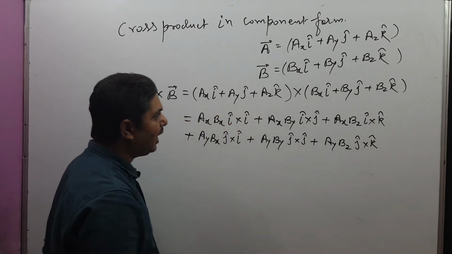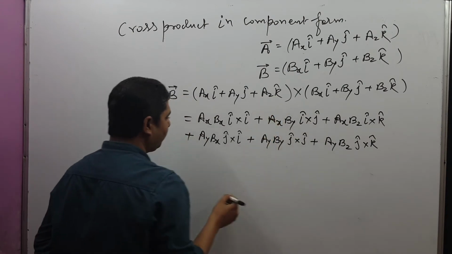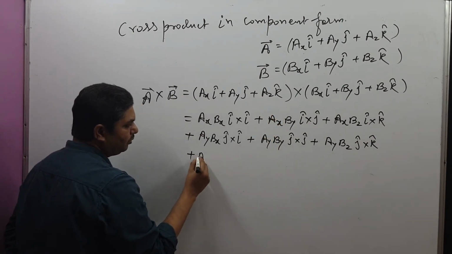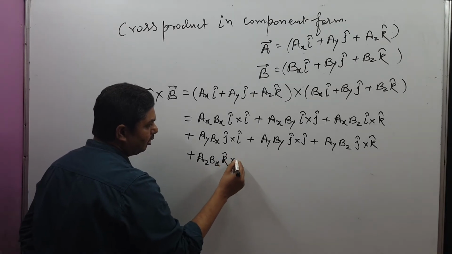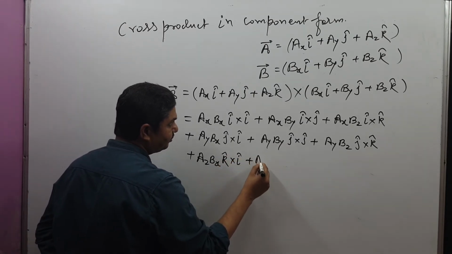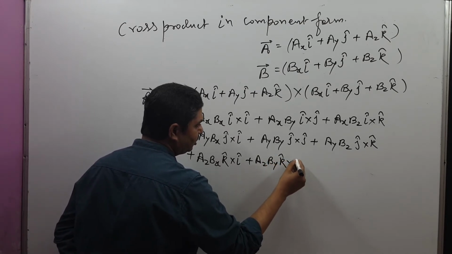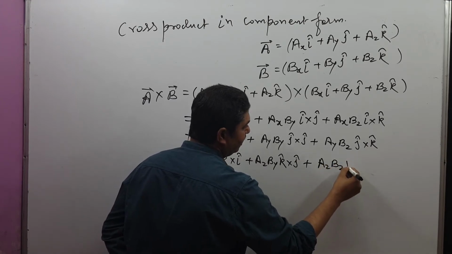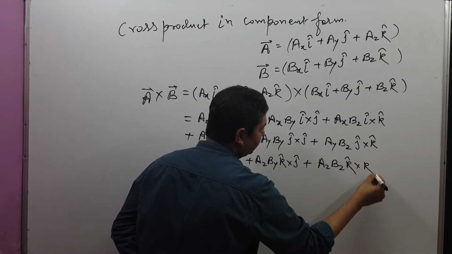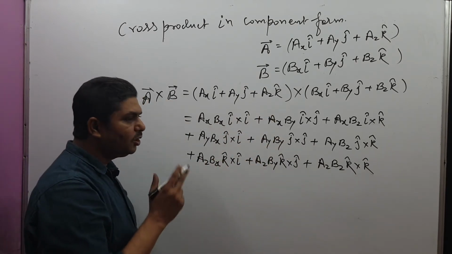After that, multiply this whole term with this third term. So this is equal to AZ BX k cross i, AZ BY k cross j, AZ BZ k cross k. So we have multiplied it by every term.